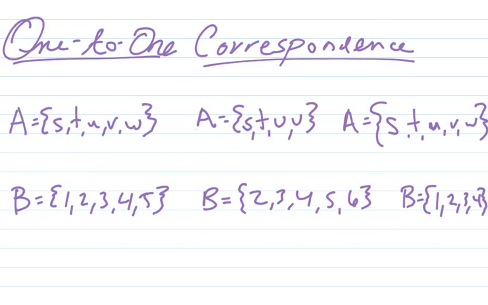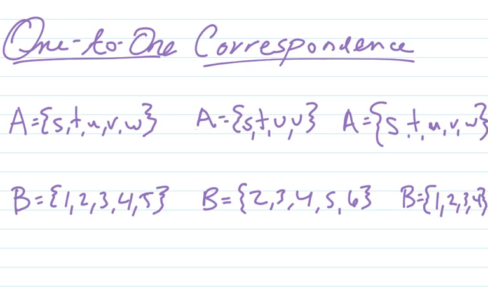Next, we are going to look at what it means for something to have one-to-one correspondence. Set A and set B can be placed in one-to-one correspondence if every element of set A can be matched with exactly one element of set B. Okay, so essentially, if we have two sets that have the same cardinality, the same number of elements, then they can be put into one-to-one correspondence.